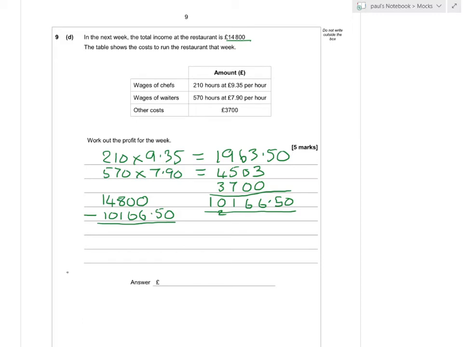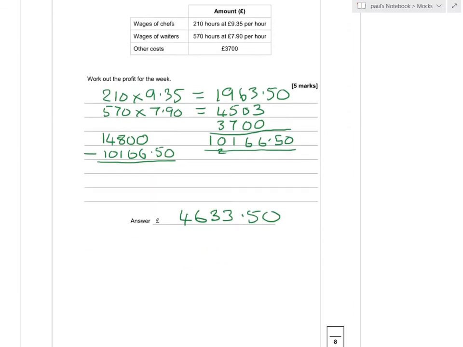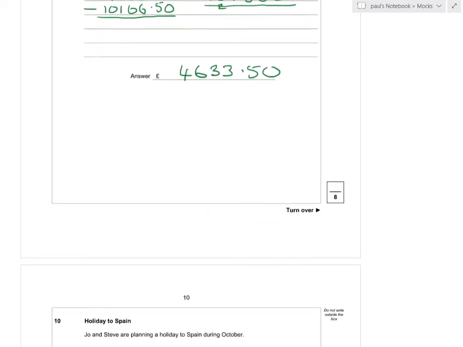So £14,800 take away £10,166.50 is £4,633.50. Right, so there's the profits. That's alright, isn't it, for a week?